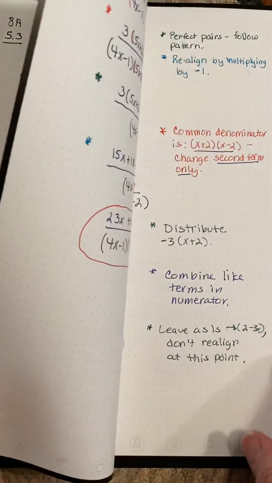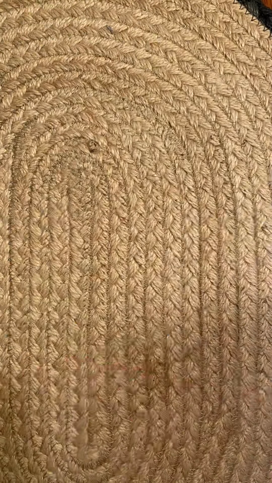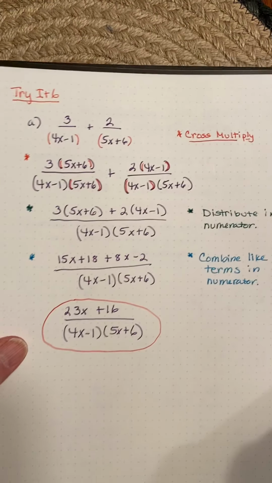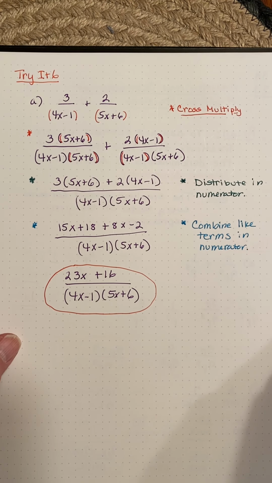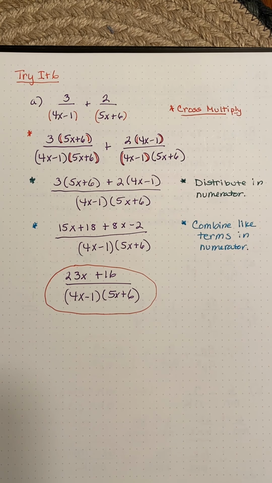Let's go on and we'll add a new little level to this and try it number 6. And that is the bottom of page 112. So letter A and try it number 6. I have 3 over 4x minus 1 plus 2 over 5x plus 6.